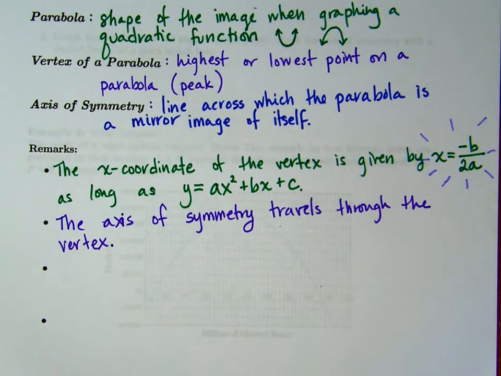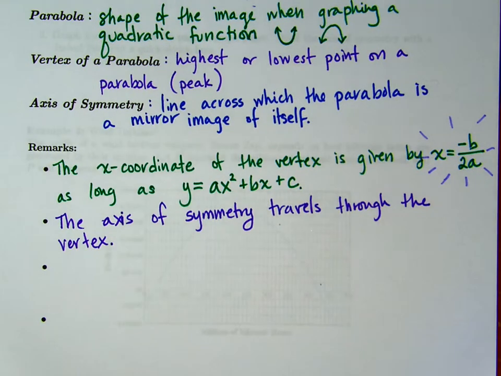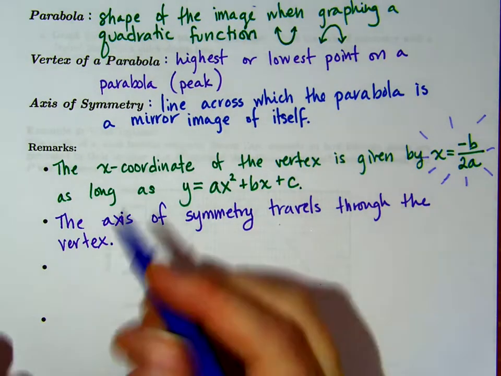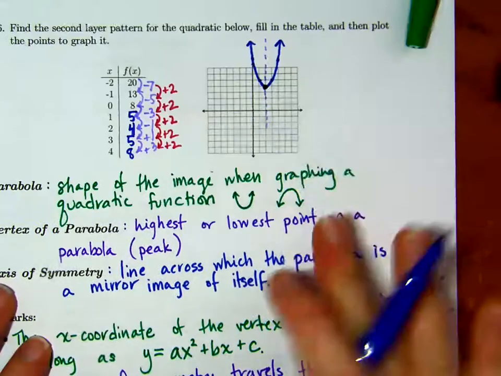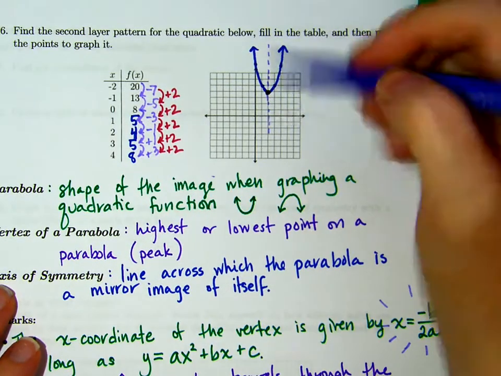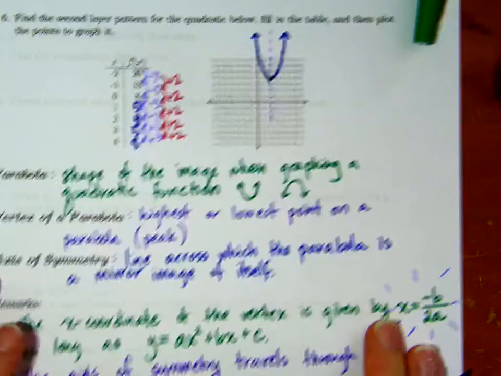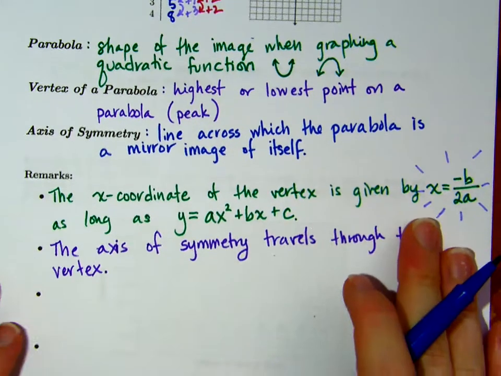Got it? And that means that it has the same formula. So that means the axis of symmetry is this vertical line with the same formula given by the x-coordinate of the vertex.